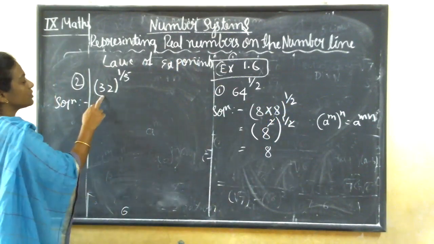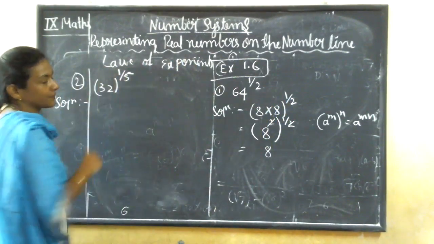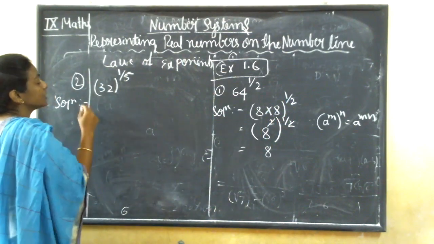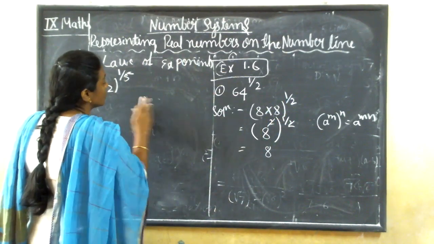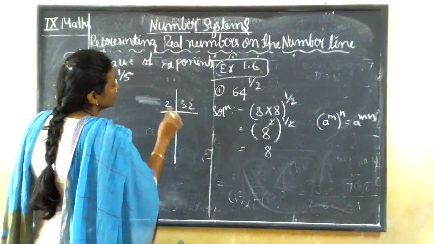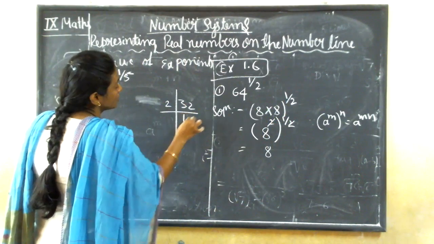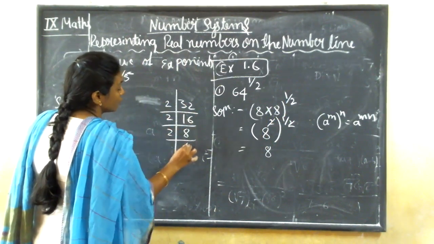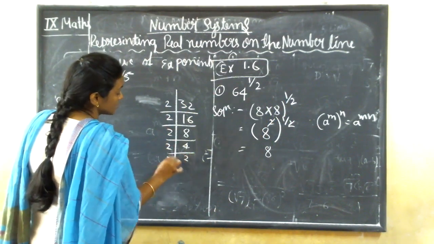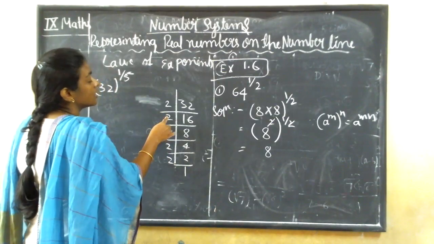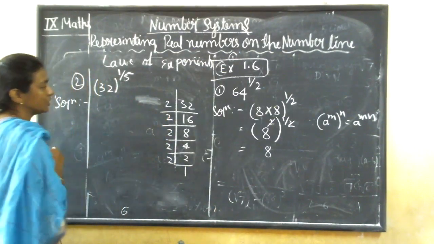So what happens when you have 32 raised to 1 by 5 here? Let us see. 32, can you write it like this, guys? Or you can take an expansion like this. 2 2s are 4, 4 2s are 8, 8 2s are 16, 16 2s are 32, right?